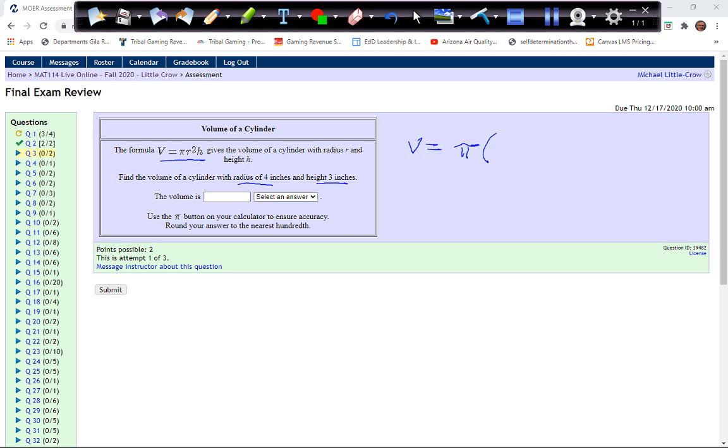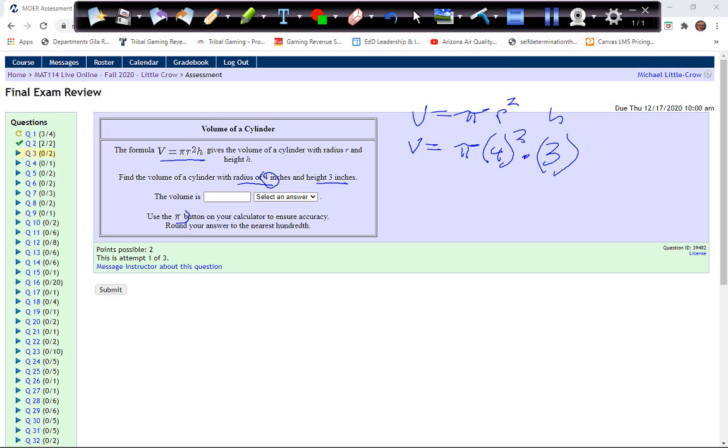We've got r is going to be 4. We're going to square that, and then it gets multiplied times the height, which is 3. Okay, so this was r, this was h. Right? We started with this formula. We're just plugging in the numbers for the letters that were unknown, and we'll have it.